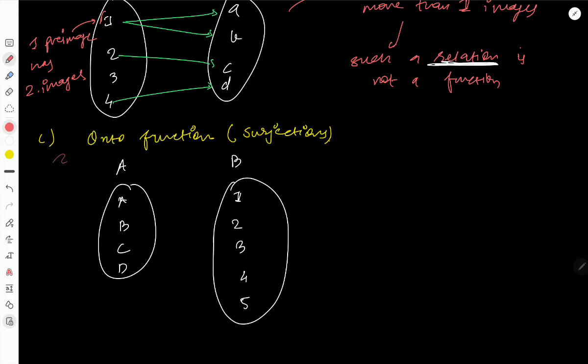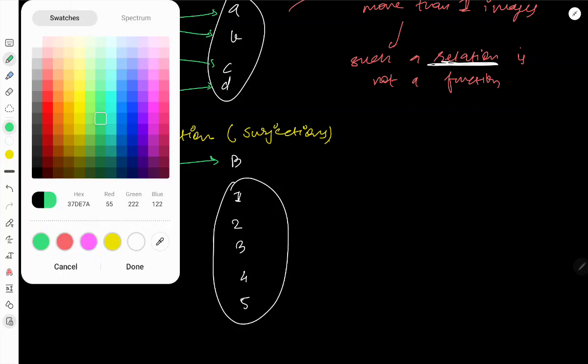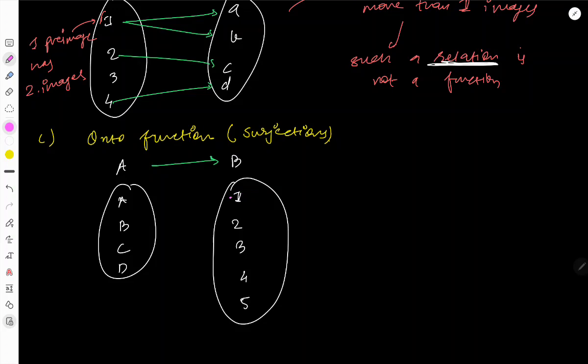And now for it to be a one-one onto function, every element of B, this is a critical condition, must have at least one, I'll write it, every image must have at least one pre-image.